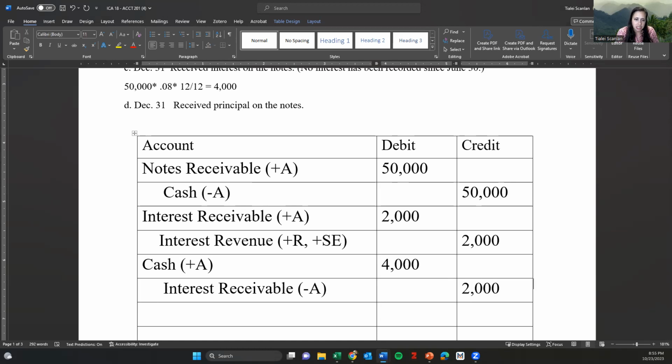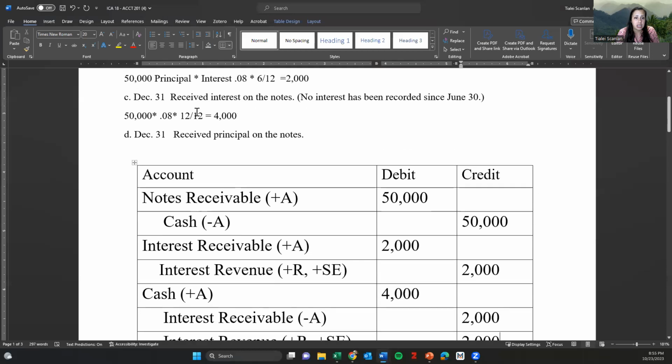And then finally, we need to earn the rest of the revenue for the rest of the 6 months. So that would just be the leftover there. And of course, you can interchange the interest receivable and the interest revenue. There's no specific order as long as they're both credits. So earn the rest of the 6 months that we haven't recognized in revenue.